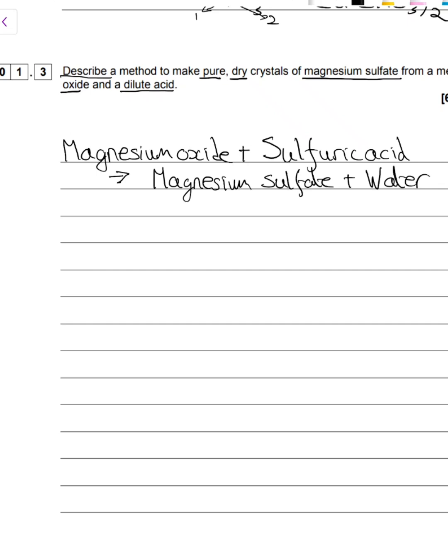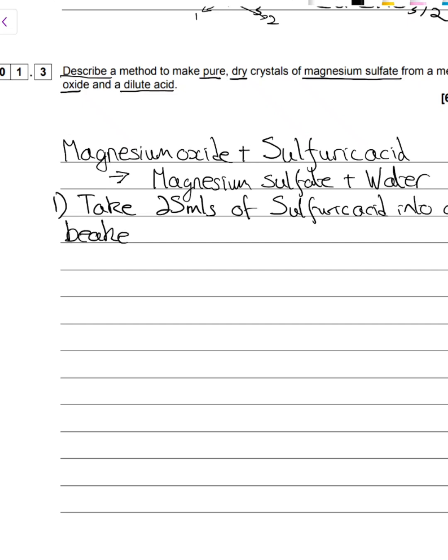Now, we're going to write in steps here. Don't write step 1, just do a 1 there with a mark next to it. And we're going to say, take 25 milliliters of sulfuric acid into a beaker. I'm going to state what we're using to measure.